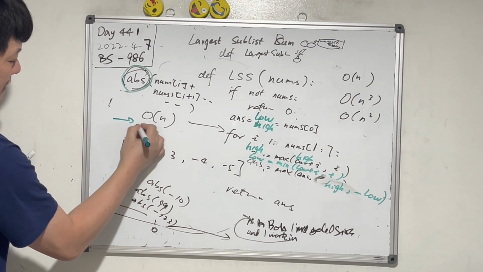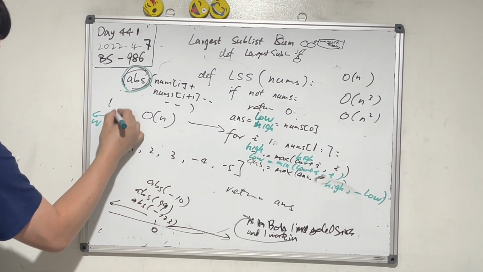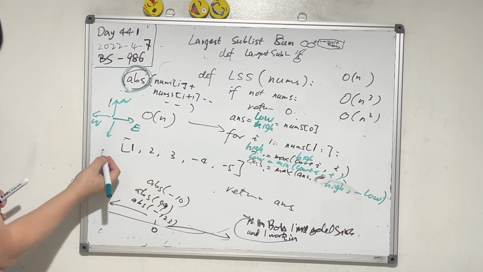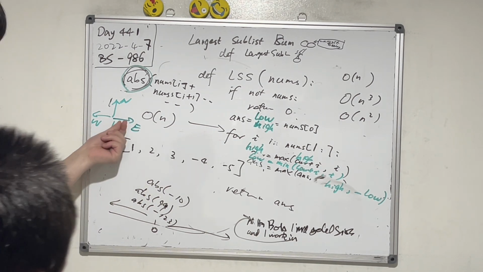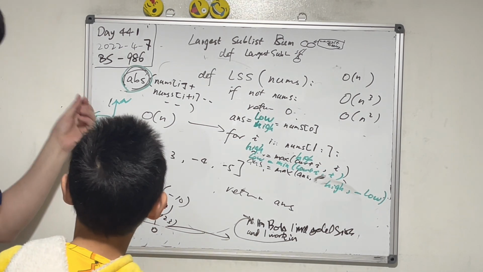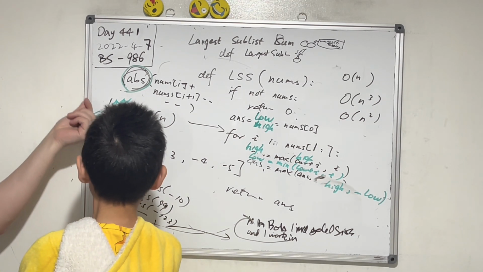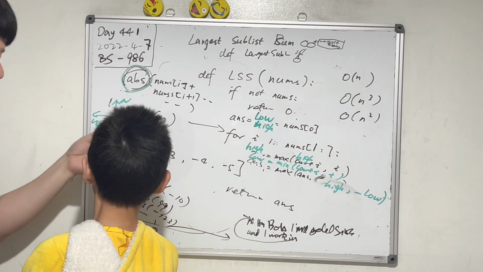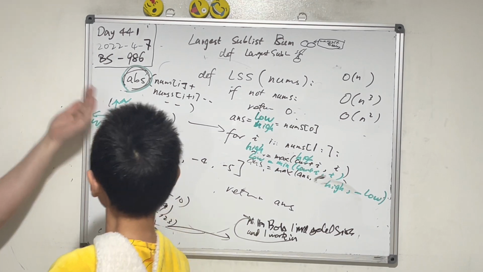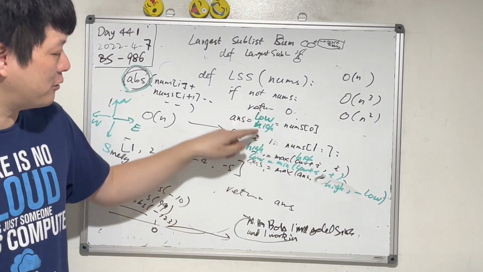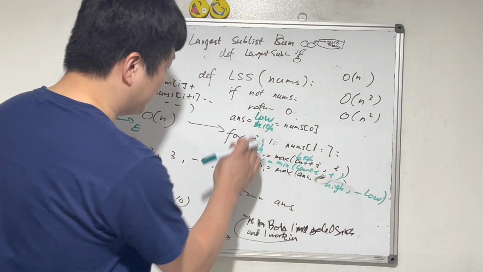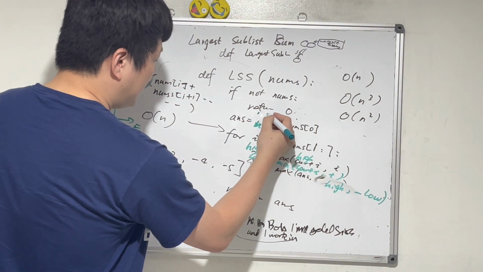East, west, north, south. So we basically have two choices. We can track the largest value going east, or we can check the largest value going west. So instead of checking one single value, we have low, and maybe we just change it to east and west.